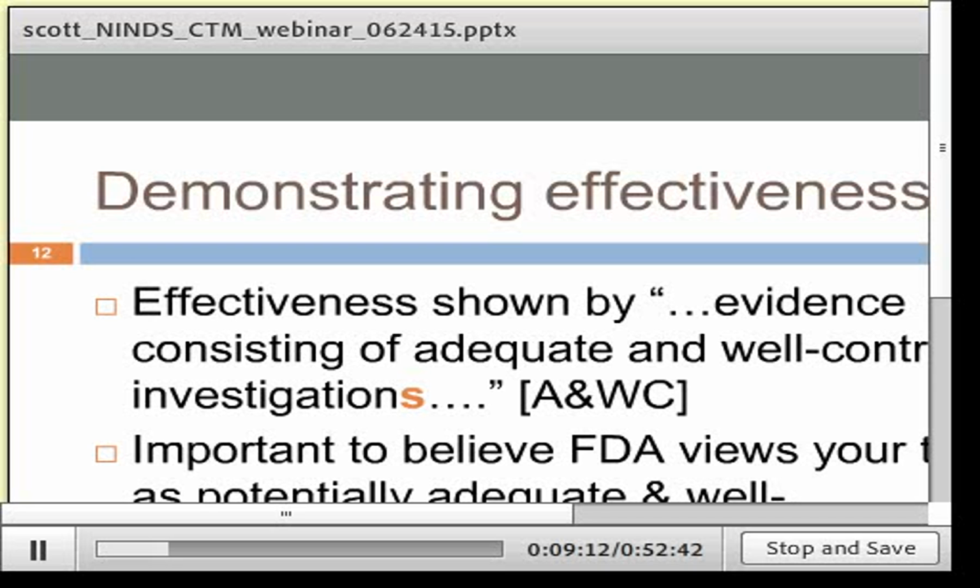So that's a kind of common misconception, and I did want to straighten that out. I also wanted to mention that there's a strong convention. It's not law or regulation, but a strong convention that to demonstrate effectiveness, type 1 error has to be controlled at a 2.5% rate.